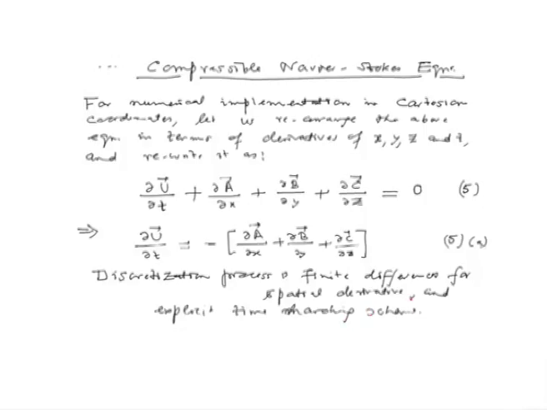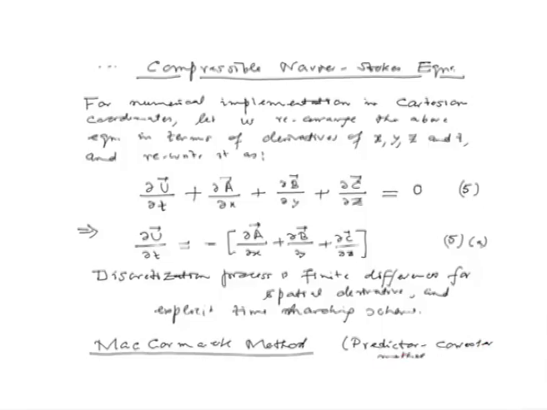So, we can use one such scheme, which is what we call McCormick method. Now, this McCormick method is a predictor corrector method. So, what do we do in the first step of this method, or predictor step?